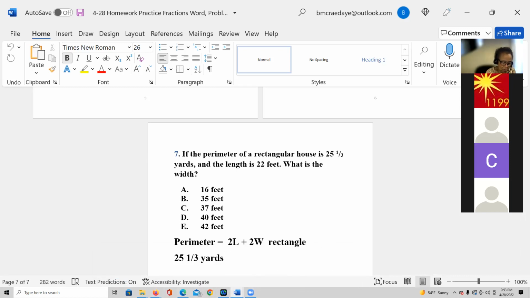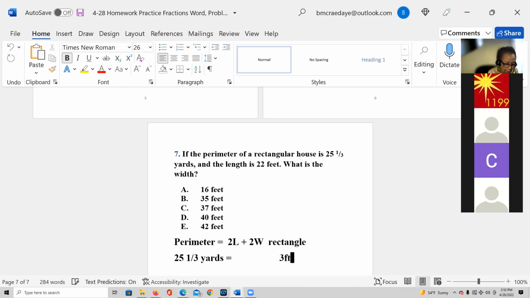So Mercedes, 25 and 1/3 yards is how many feet? Well, no, you're converting yards to feet. How many feet are in 1 yard? 3. That's right.